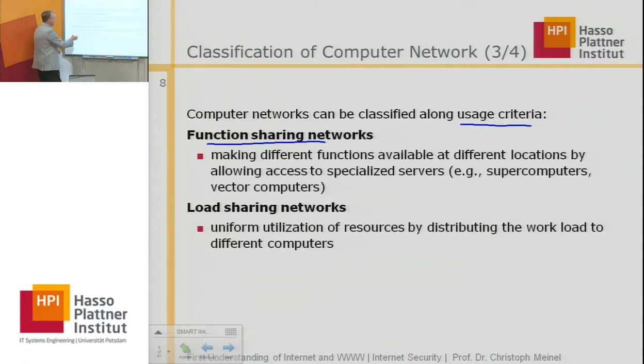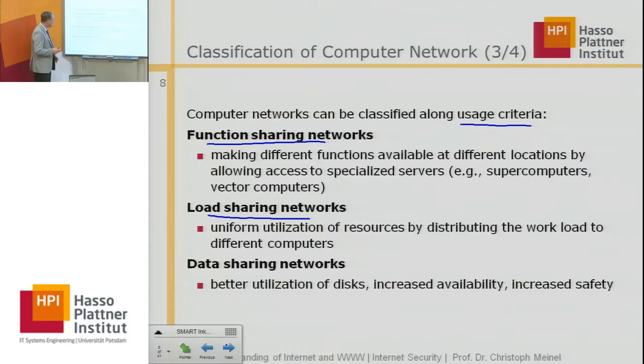Besides these function-sharing networks, we have load-sharing networks. These provide a uniform usage of resources by distributing the workload on different computers. So the same work is done, but the network is used to guarantee that the service is provided even if there is a large access to the service.